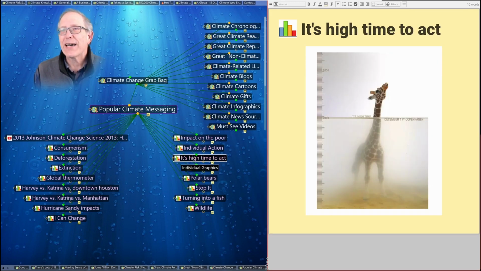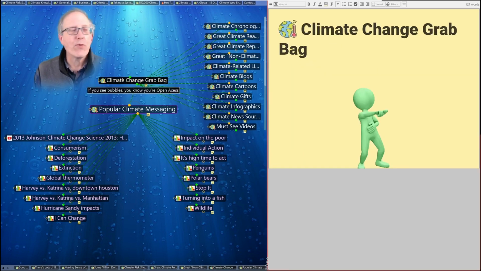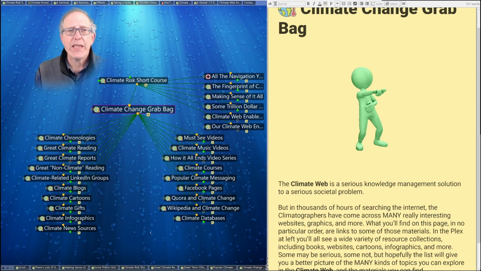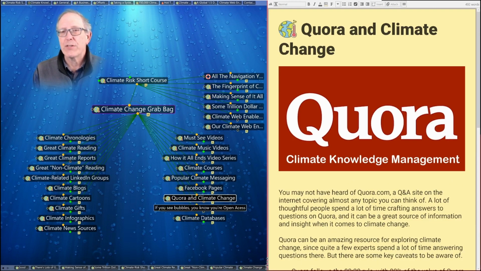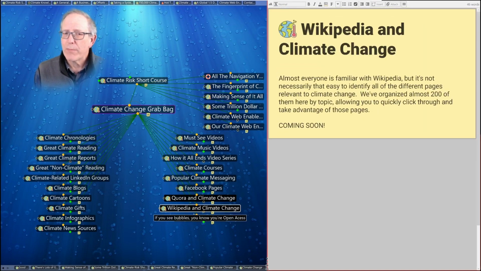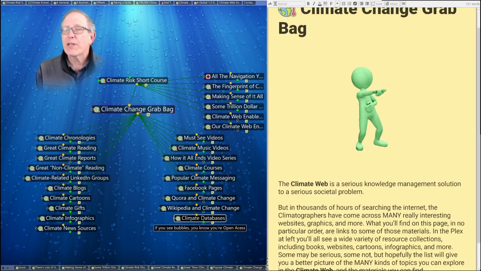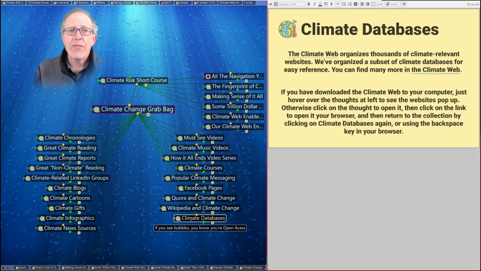Just an example of the kinds of things we organize into the Climate Web. And that we have tons of this kind of stuff in the Climate Web. Facebook pages, Quora and climate change. If you're not familiar with Quora, I would recommend you get a little bit familiar with it. Wikipedia and climate change, some of the climate databases that are out there.